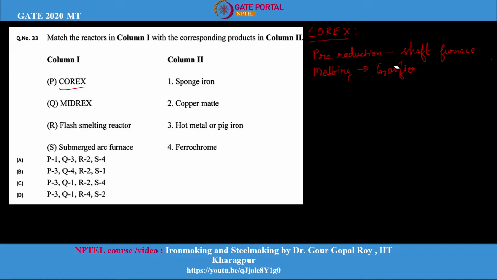Corex is a multi-step process, and the end product of a Corex reactor is liquid hot iron or pig iron. P corresponds to 3.